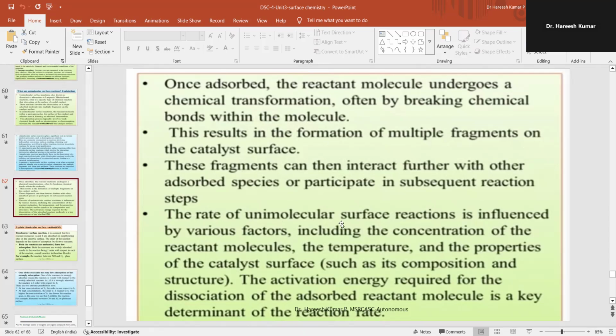The rate of a unimolecular surface reaction is influenced by various factors, including the concentration of the reactant molecules, the temperature, and the properties of the catalyst surface, such as its composition and structure. The activation energy required for the dissociation of the adsorbed reactant molecule is a key determinant of the reaction rate.